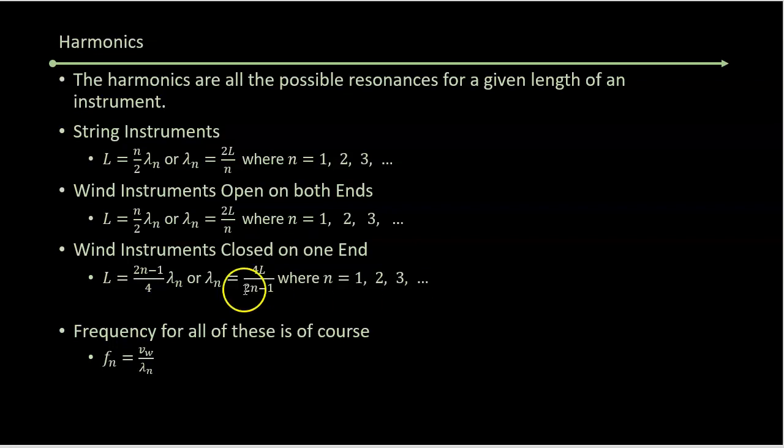So while up here we go as 1, 1/2, 1/3, 1/4, 1/5, down here we go as 1, 1/3, 1/5, 1/7, 1/9, 1/11. And you can see that's a very different distribution of harmonics because you're missing every other one. And of course, for everything, frequency is wave velocity over the wavelength.